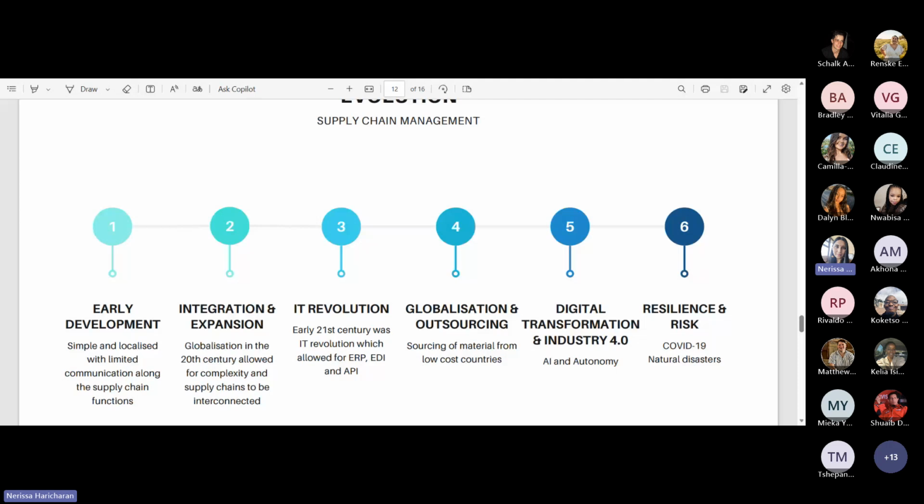That's where a lot of the integration and collaboration came into play, where you optimize your operations as much as possible and also ensure that you are meeting your customers' growing demands.